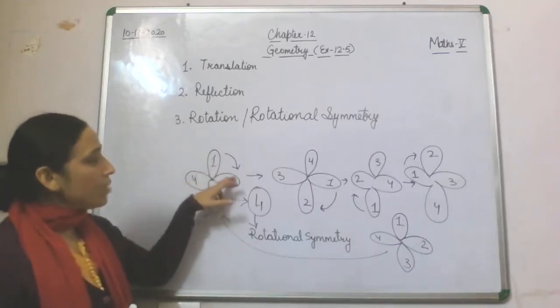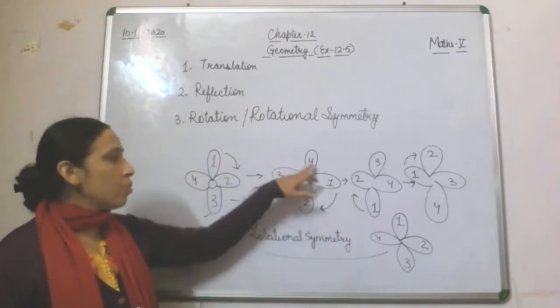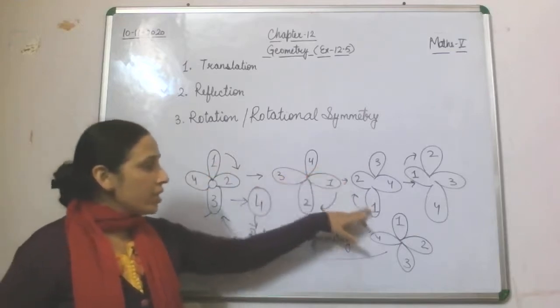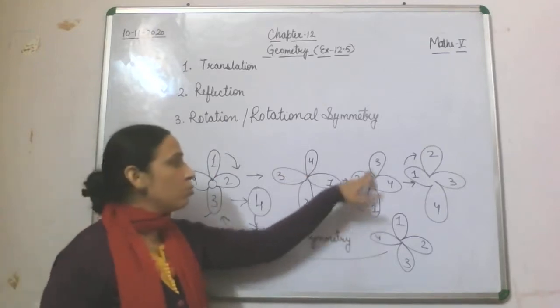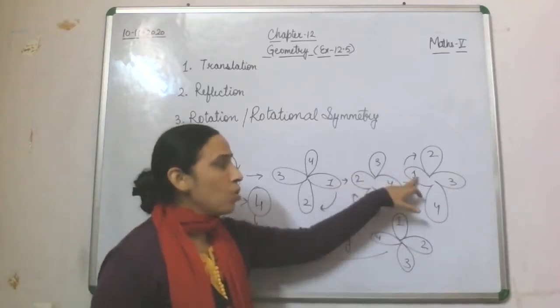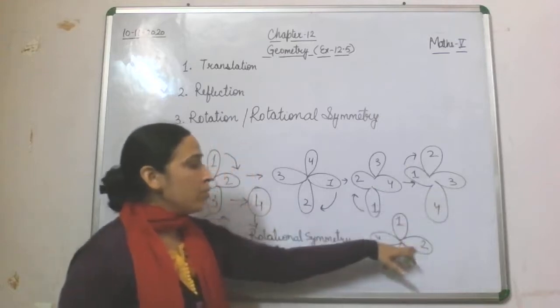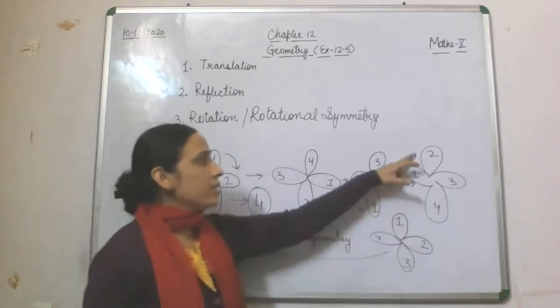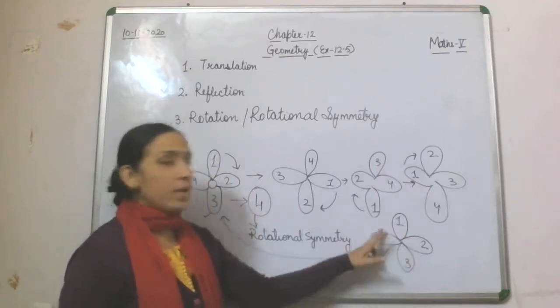Once we rotate it, 1 will come on this place. Again when we rotate it, 1 comes on the next place. Then again, 1 goes on that place. Then again when we rotate it, 1 will come on the original position.